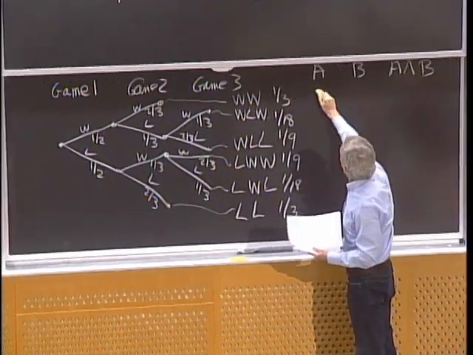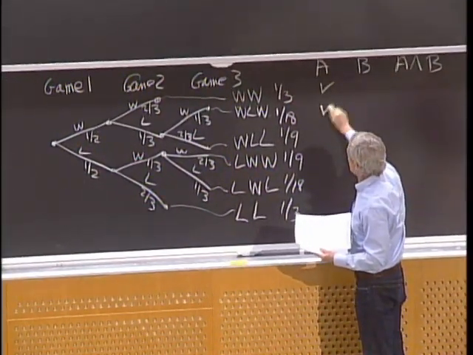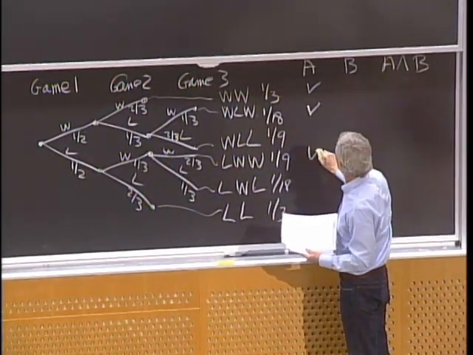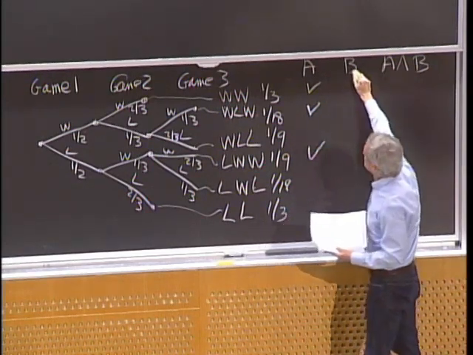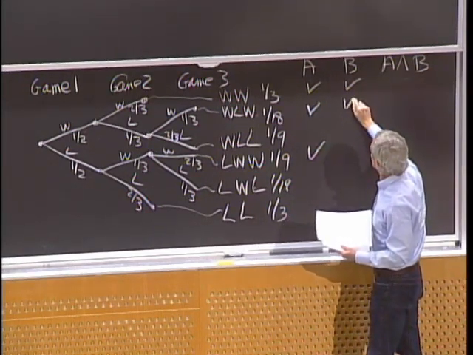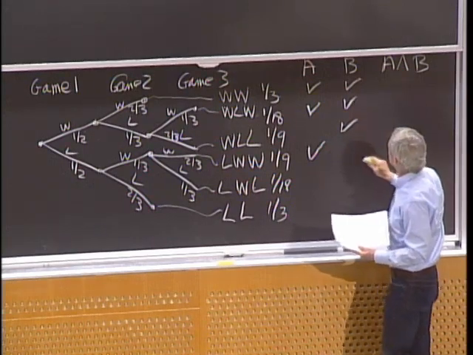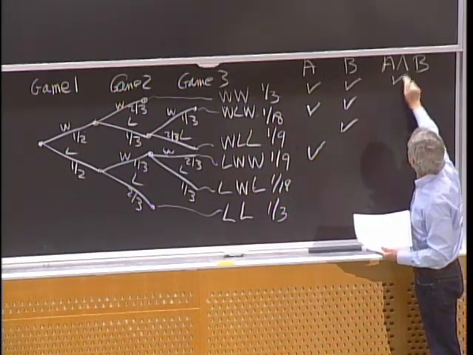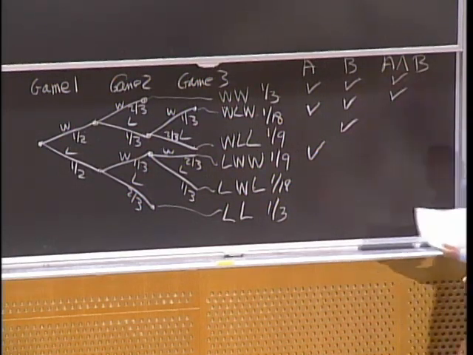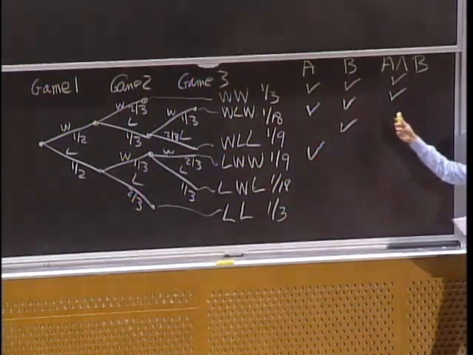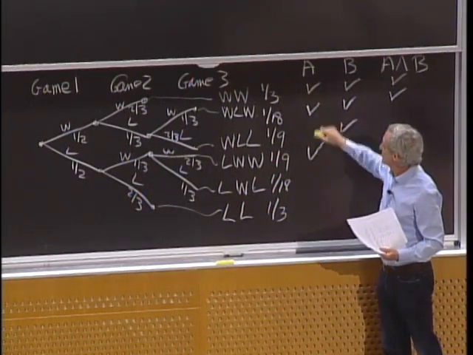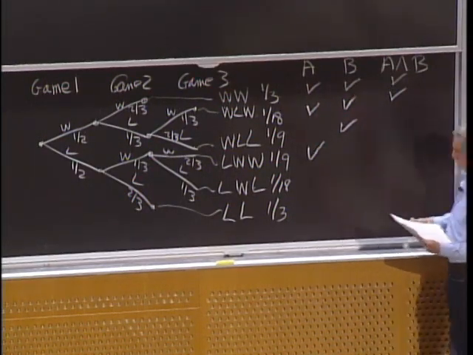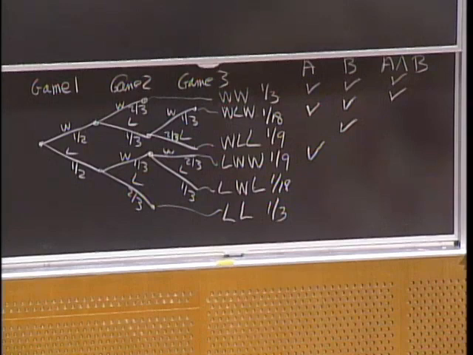Now, this sample point qualifies. That one does, and this one. B is the event we won the first game, and that's these 3 sample points. And then A and B intersect is these 2. All right, so for each event that I care about, I figure out which sample points are in that event. And now I just add the probabilities up.